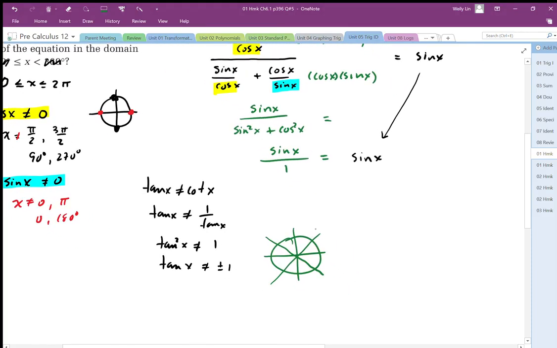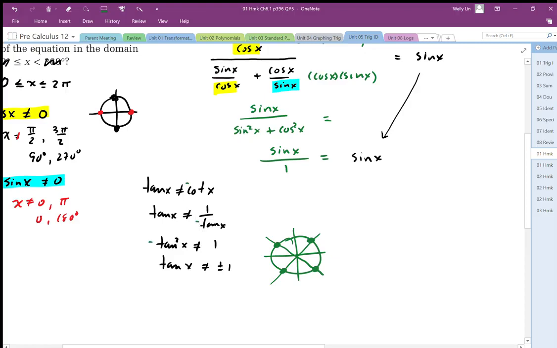And that's not possible here because if we check our answer, when tan is equal to 1, cotan is equal to 1 as well. And here, tan is equal to negative 1, cotan is equal to negative 1 as well. So I actually made a mistake here because this should have been negative like this.